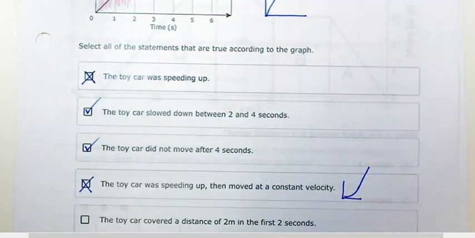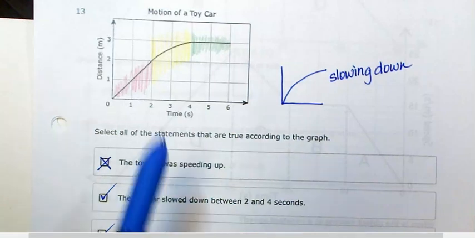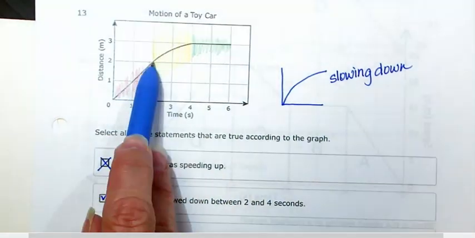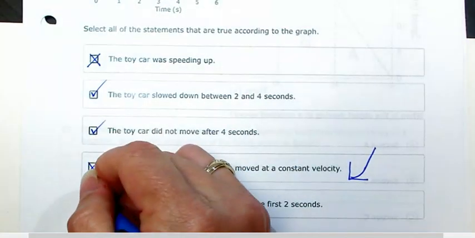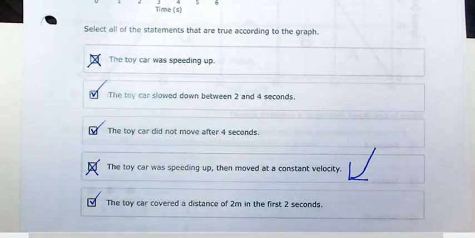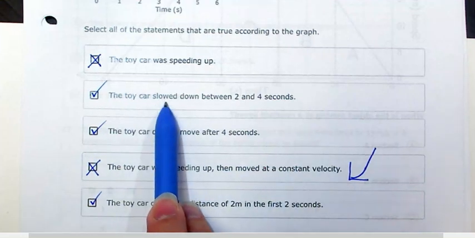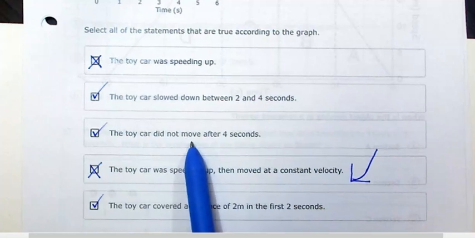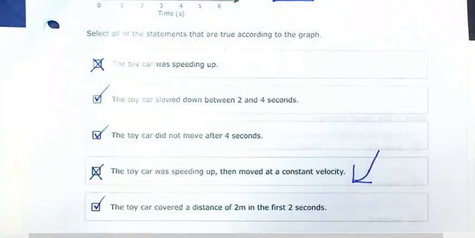So, not true. The toy car covered a distance of 2 meters in the first 2 seconds. In the first 2 seconds, it did cover a distance of 2 meters. So, that is also true. So, you should have 3 things checked: that the toy car slowed down between 2 and 4 seconds, that it didn't move after 4 seconds, and that during the first 2 seconds, it did move a total of 2 meters.